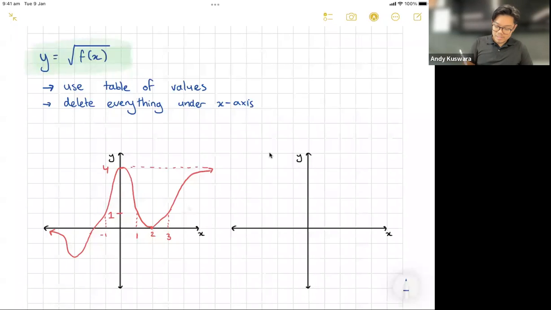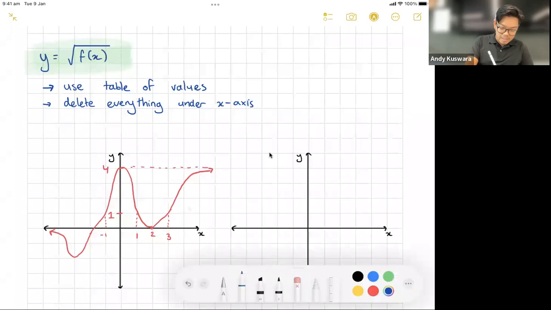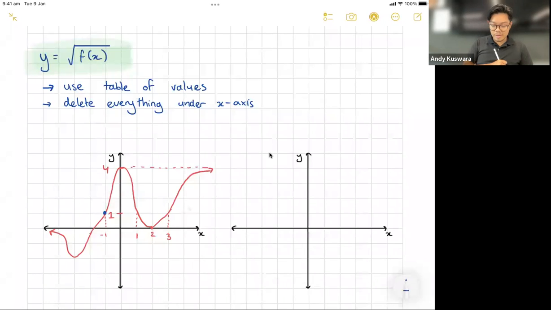So if I take a look here, I can see that this value here is 1. What's the square root of 1? Square root of 1 is still 1. Okay, and let's do this part here. Square root of 0, just 0. Square root of 4 is going to be 2. Let's go back to this one here. The square root of 1 is just going to be 1 again.